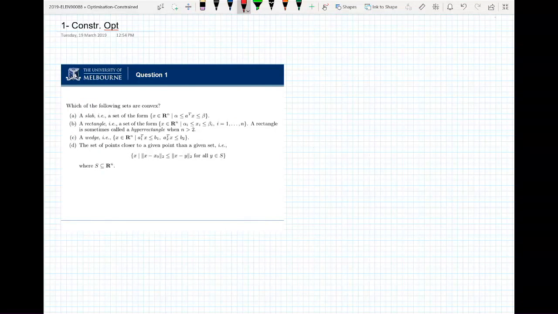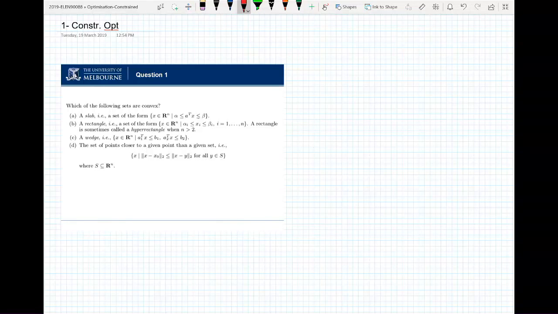And if you know mathematics, you don't need to care, because what a slab is is defined here, right? The slab is apparently this: x in an n-dimensional space. This is a general definition for which A transpose x is less than or equal to beta and greater than or equal to alpha.